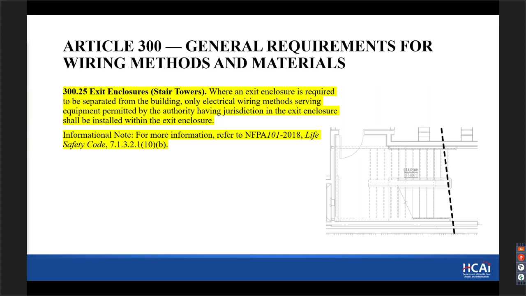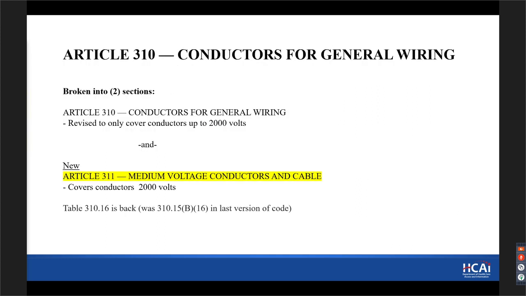So typically you'll see egress lighting in stair enclosures, and we would generally require that penetration occurs once, and that all of the wiring for the life safety egress lighting in the stairwells rises up vertically inside of the stair enclosure. This is just for your information. Article 310 was broken up, and now there's a new Article 311, which covers the medium voltage conductors, which was previously housed in 310.